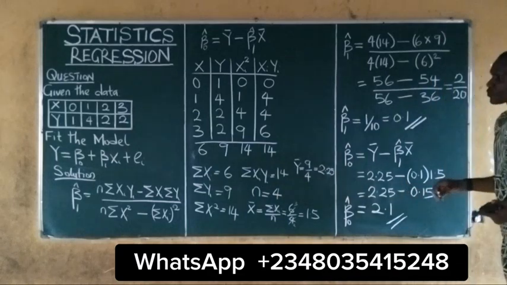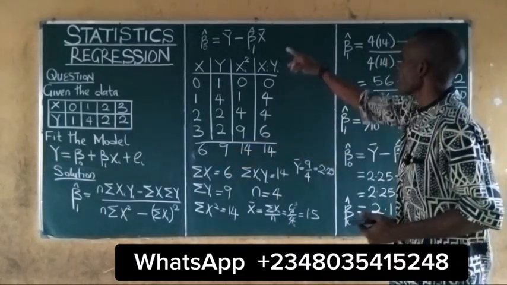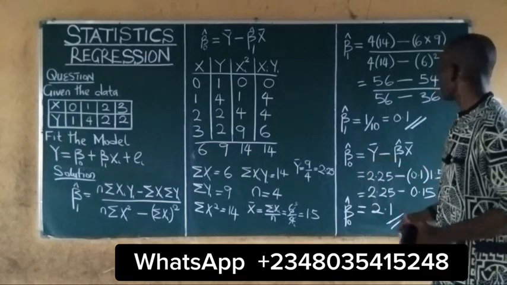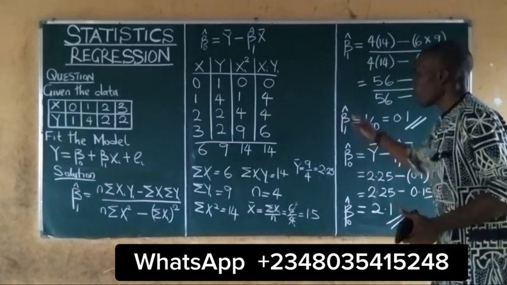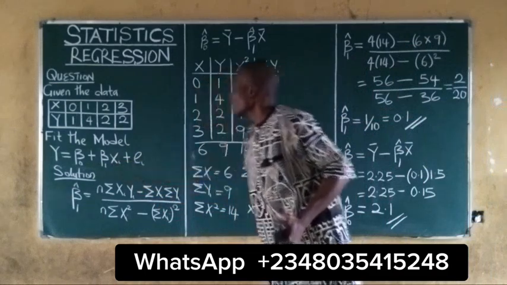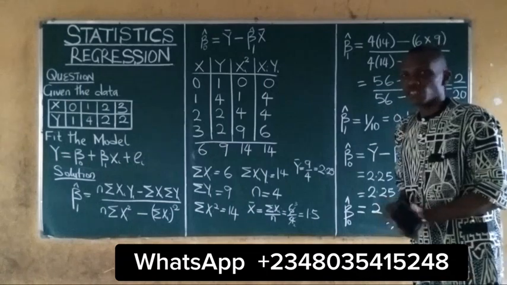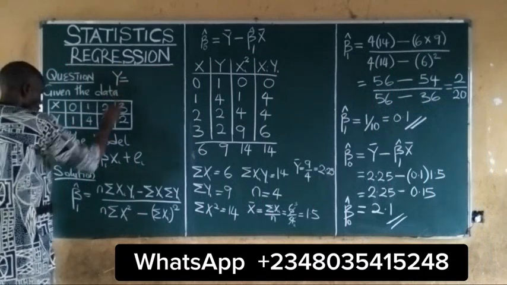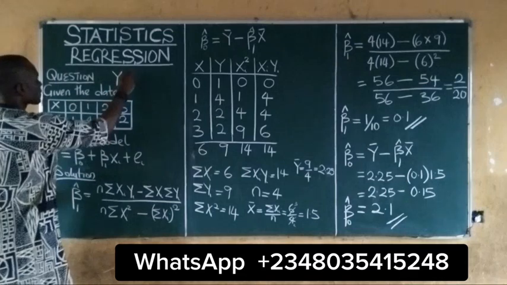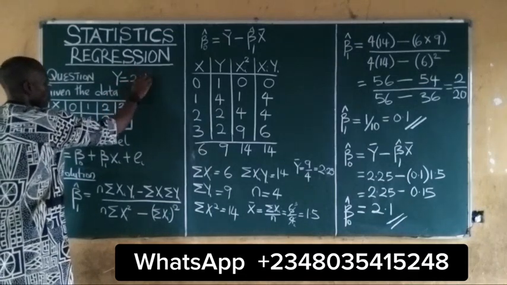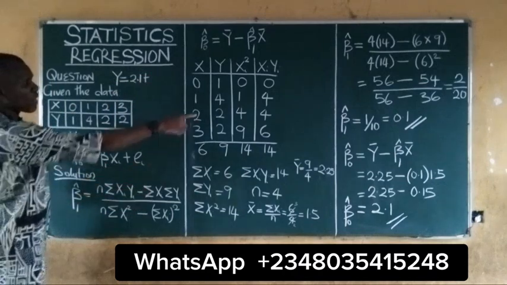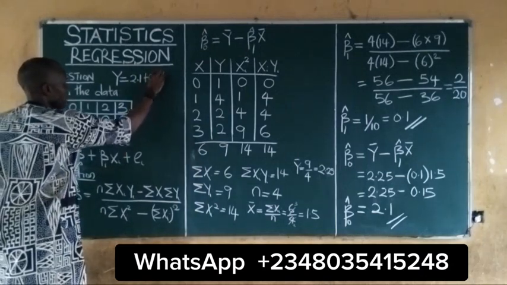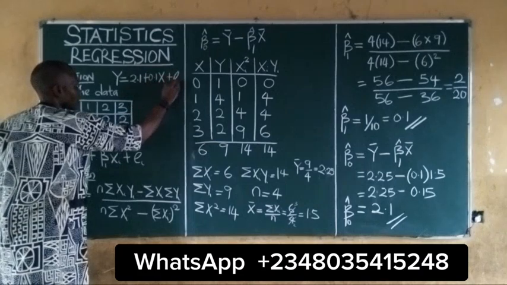So these are the values for our B1 and B naught estimates. This is how we can fit a linear regression model. We can also put these values into the model by writing it in this form: Y is equal to B naught, which is 2.1, plus B1, which is 0.1, times x, plus ei.